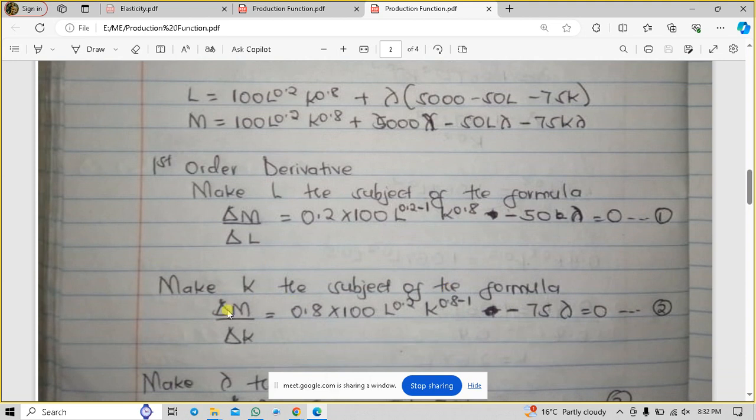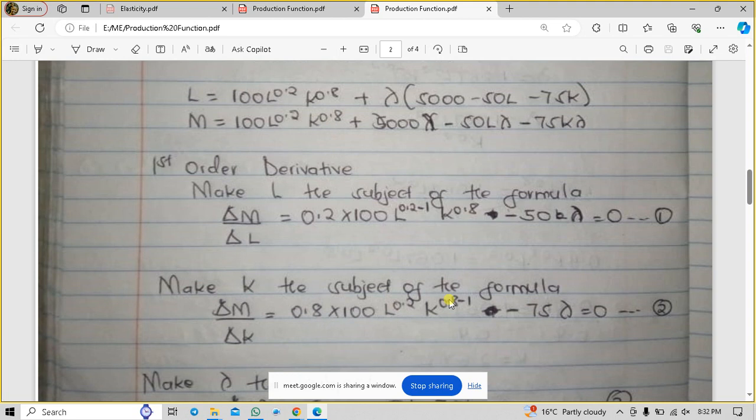So changing M over changing K is equal to, now we are differentiating K. Where you see K, we say 0.8 times 100, K to the power 0.8 minus 1, and L to the power 0.2 still remains the same.